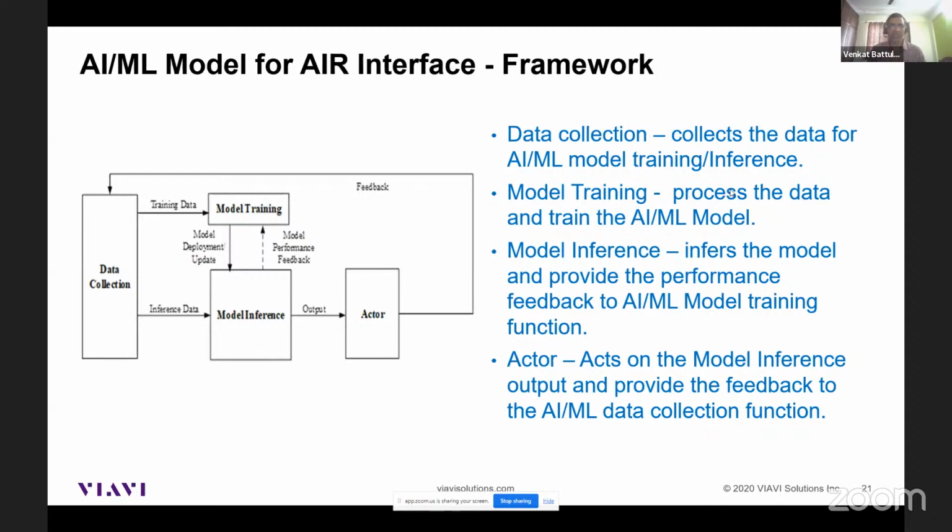And again you keep training the model with the training data and all the feedback. It's like a closed loop system, right? So 3GPP has defined all this framework, so that it won't end up with diverging models.